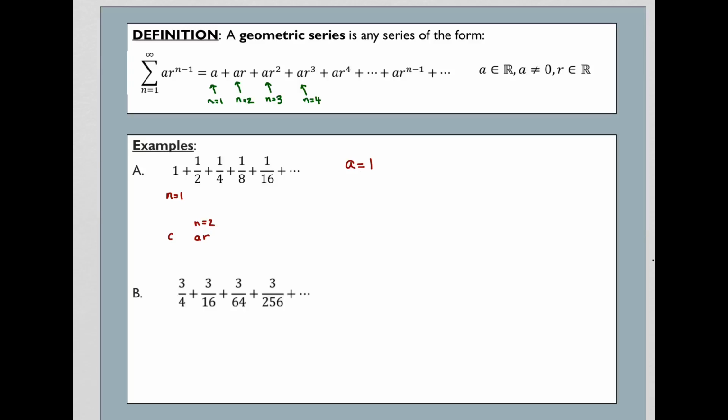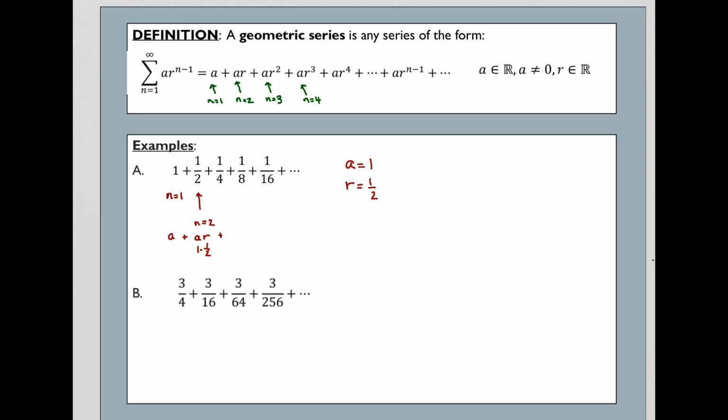So if my first term is a, the second term is a times r. If a is 1, what would I multiply by 1 to give me the second term? I would have to multiply by 1/2. That makes sense. So it seems that r is equal to 1/2, but we're going to check it now.